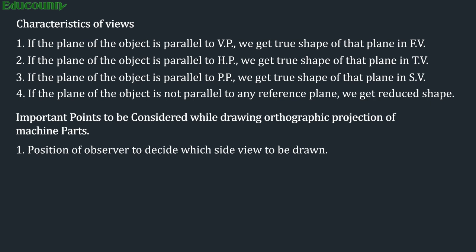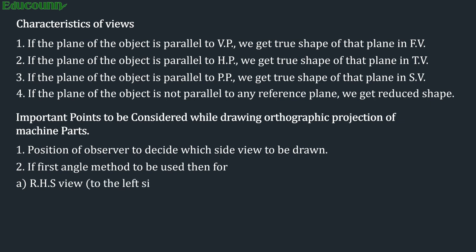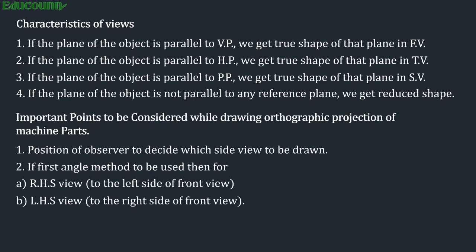The observer will always indicate the front view, and according to that we have to decide which side view is to be drawn. If you are using the first angle method, then if RHS view is to be drawn, it should be at the left side of the front view, and if LHS view is to be drawn, it should be at the right side of the front view.